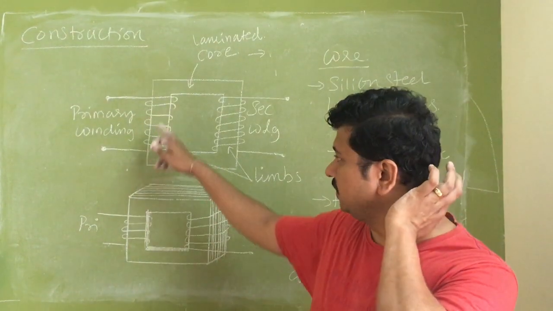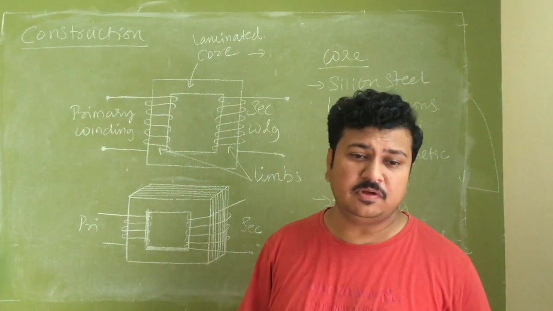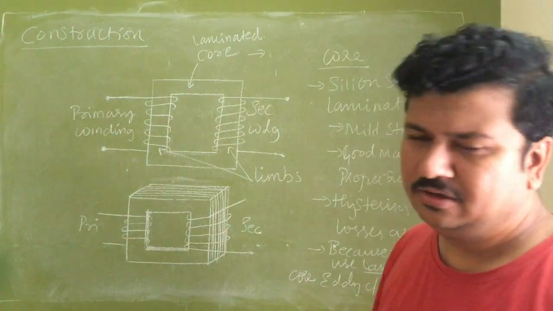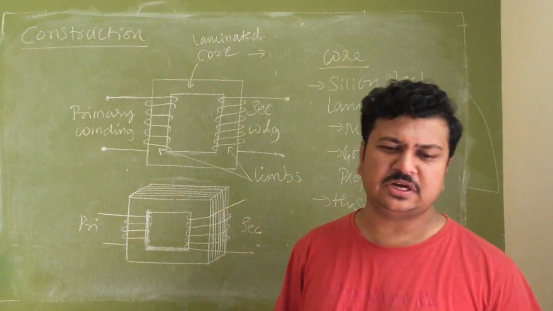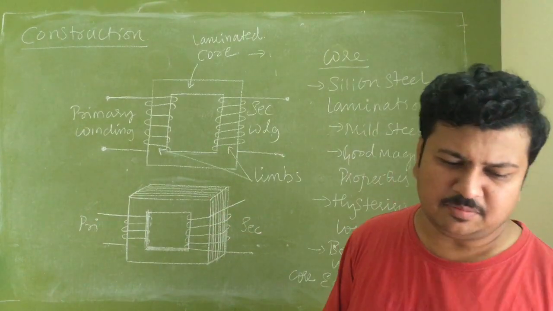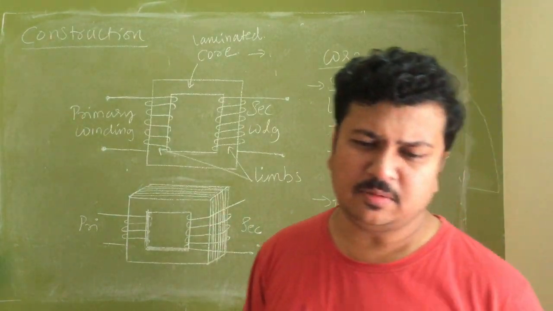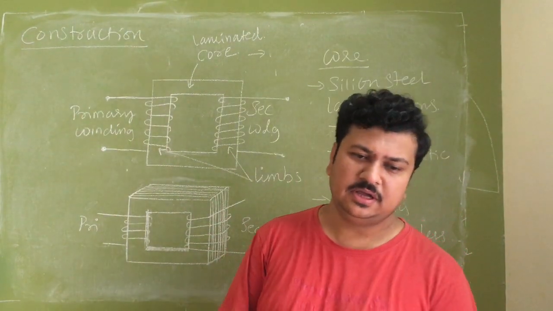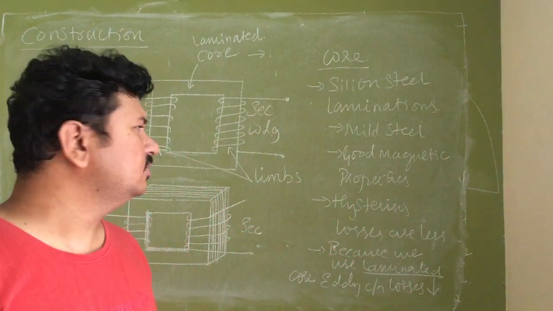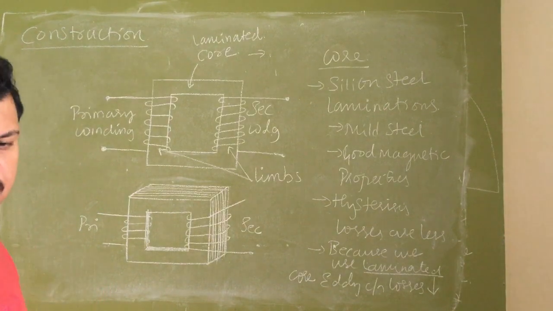If you stretch out the number of turns, the length of the winding goes to kilometers. Silver and gold are used as conductors in integrated circuits, not in large electrical applications. In small electronic applications, we use gold and silver as the conductors.